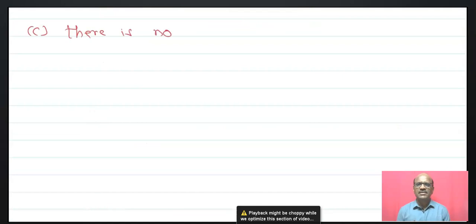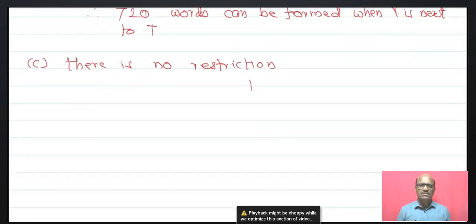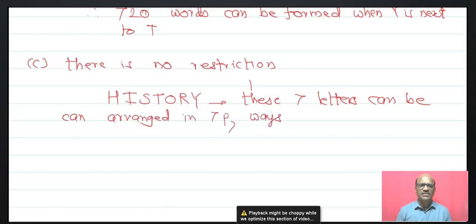Next, there is no restriction, that is, these 7 letters, as there is no restriction, can be arranged in 7P7 ways.